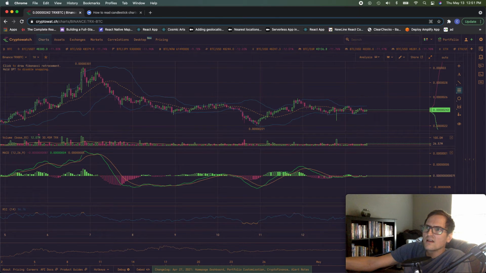A lot of cryptocurrency traders use the RSI to determine how to enter and exit trades, because you can see back over here, we start getting into the 20s on our RSI on this chart, and then there's some resistance. We start pushing it back up here, and again the reversal at the 70 here.